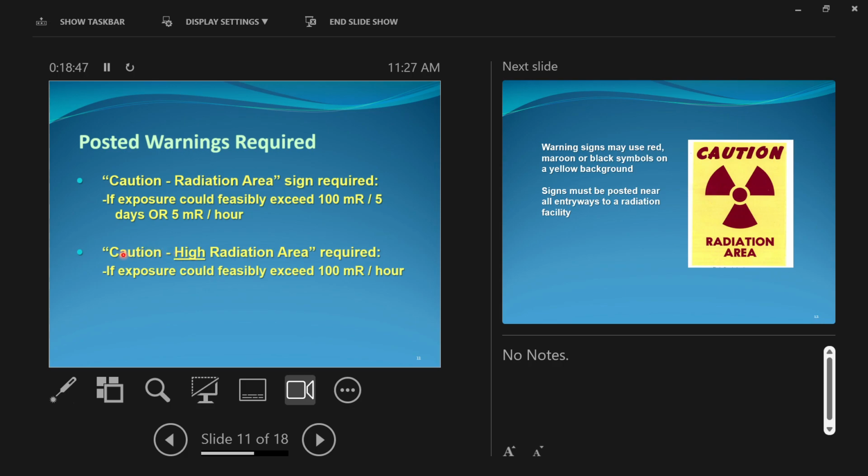Somebody has to come and measure this, by the way, to decide which you fit under. Our x-ray rooms are just radiation areas, so caution radiation area for our x-ray rooms. In a fluoroscopy or CT facility or cardiac catheterization laboratory, places that use large amounts of radiation, they'll have a caution high radiation area sign. This is required if the exposure can go above 100 millirad per hour.